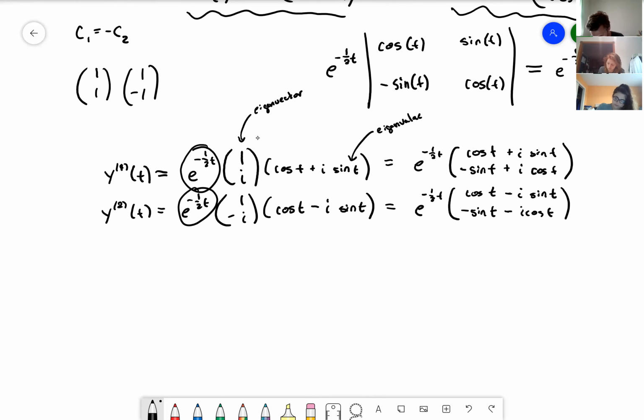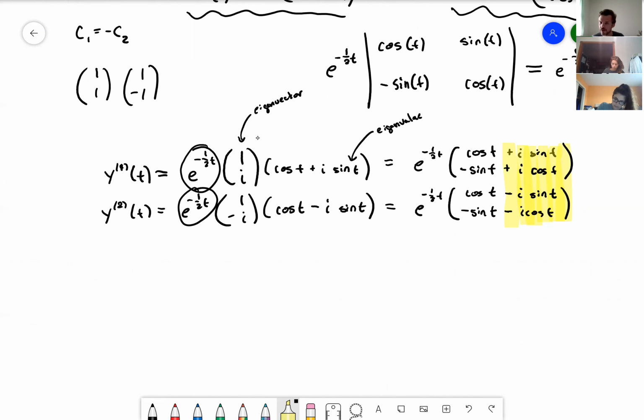In any event, what we get is that when we add these two vectors together, the imaginary parts cancel out, right? So the sum of these two solutions that have complex parts is completely real.